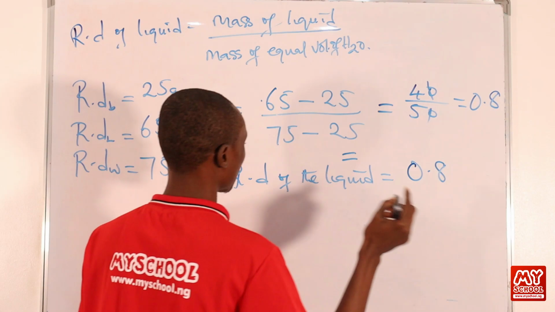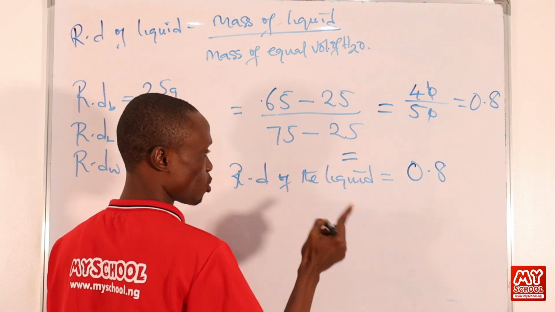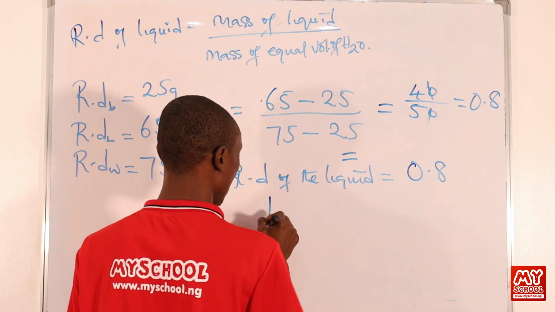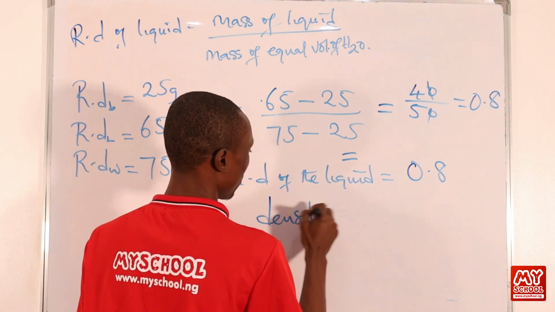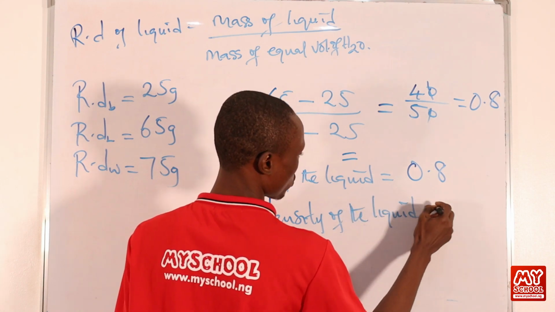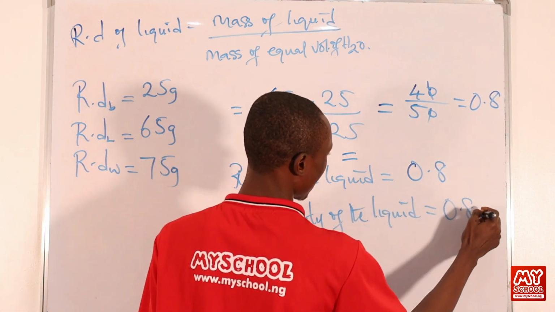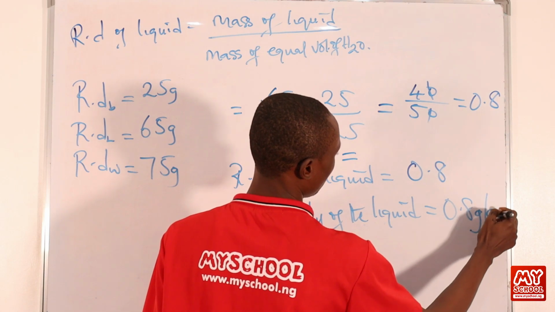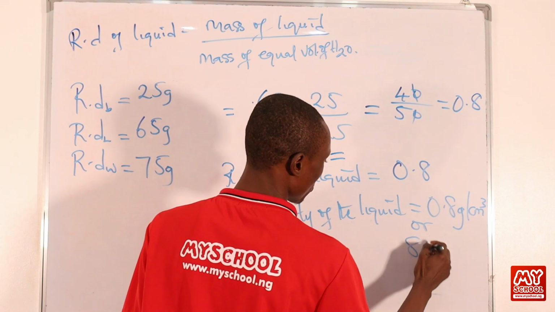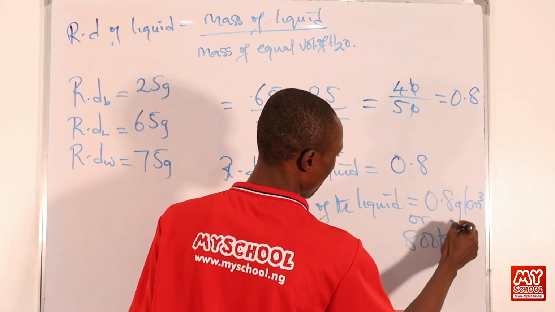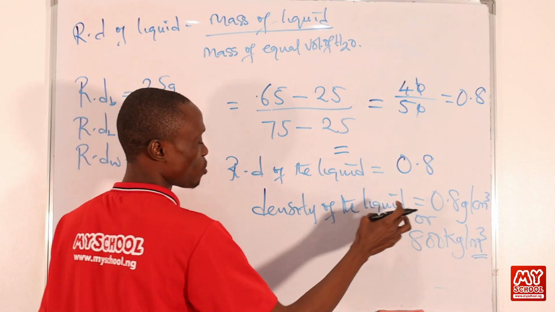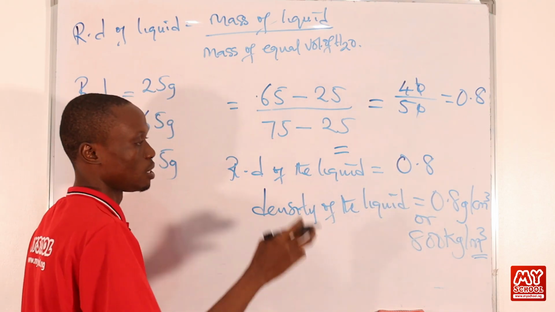Now take note, we are not asked to calculate the relative density of the liquid, we are asked to calculate the density of the liquid. So the density of the liquid will now be equal to 0.8 grams per centimeter cube, or 800 kilogram per meter cube. So this is the value of the density of the liquid.